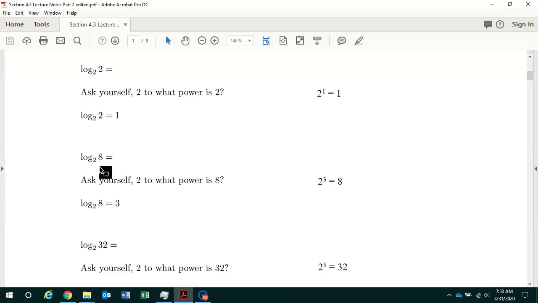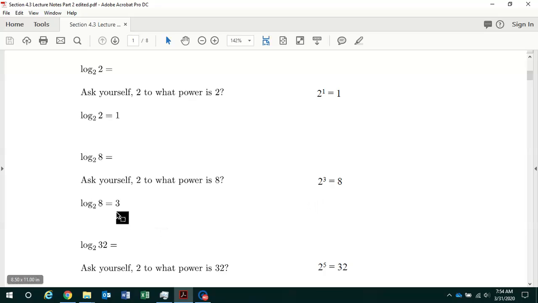What's the log base 2 of 8 equal to? Well, we know 2 cubed is equal to 8, and so log base 2 of 8 is equal to 3, right? 2 raised to the 3rd power is equal to 8. Remember, the base of the logarithm and the base of the exponential are the same.